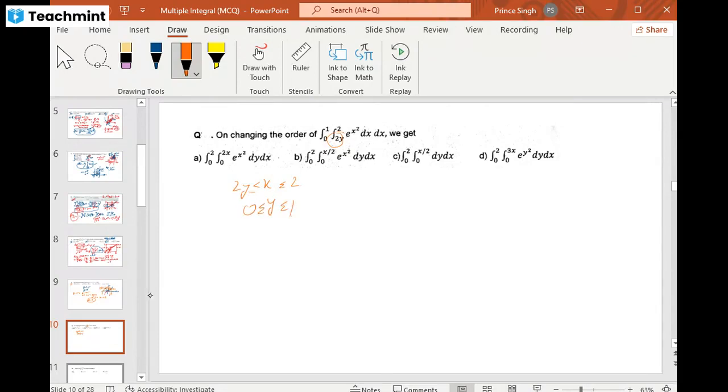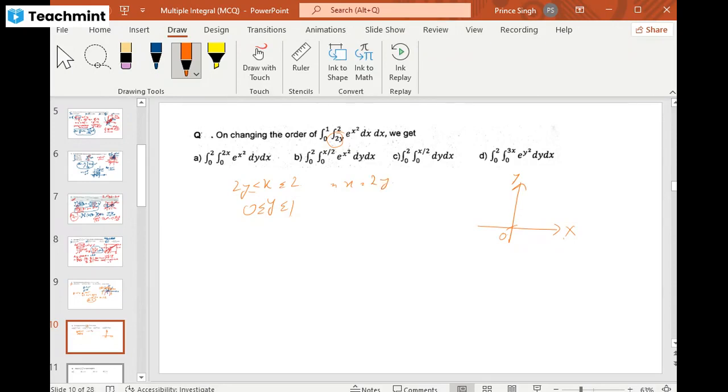Because I want to change the order of integration, firstly we need to draw the rough sketch of the region. So this is our x-axis, this is our y-axis, and this is our origin. So x equal to 2y or y equal to x by 2.